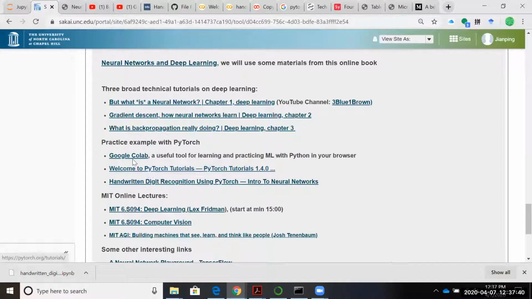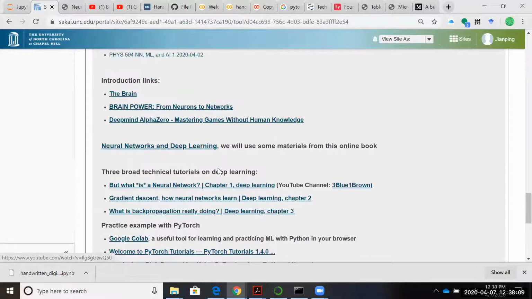So I would like you to go through this Google Colab and PyTorch tutorial on your own time before we start the next lecture. When we get to handwritten digit recognition using PyTorch, that's where we go through in a little bit more detail. But these two are simply skills which you should be able to pick up yourself.